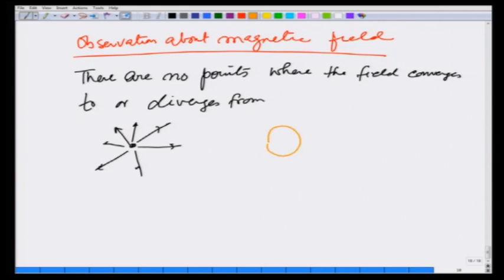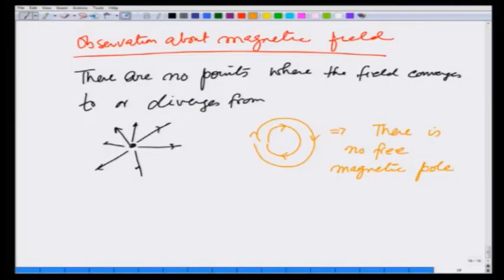Magnetic field lines always close on each other, and this means that there is no free magnetic pole, unlike the charges. All right. So, that is one difference. Although the formula for the magnetic field may look similar to the formula for the electric field of a dipole, there are no free magnetic poles.